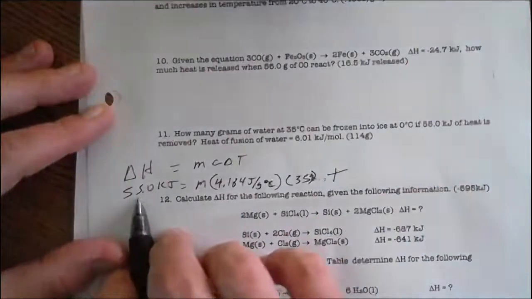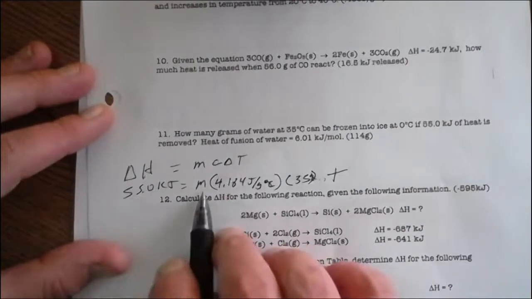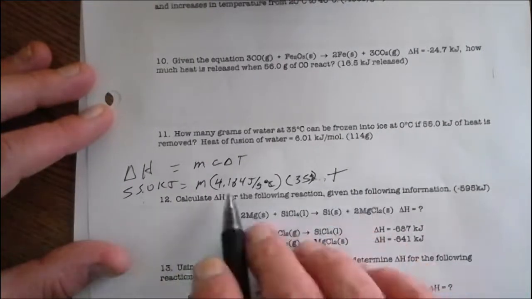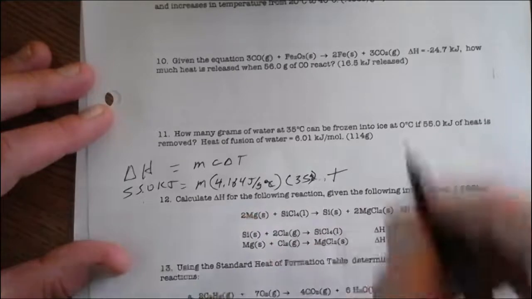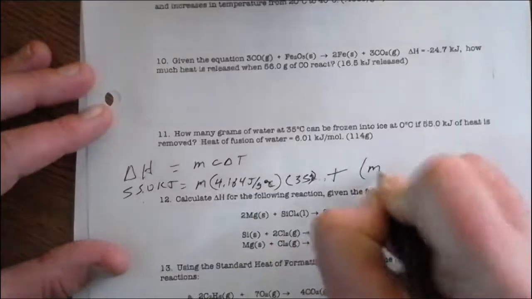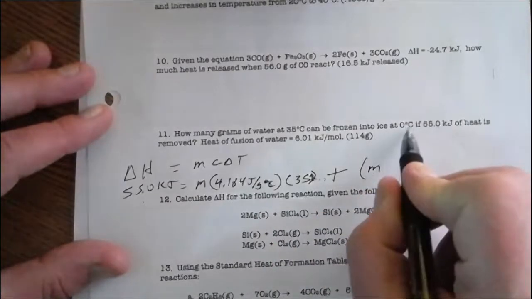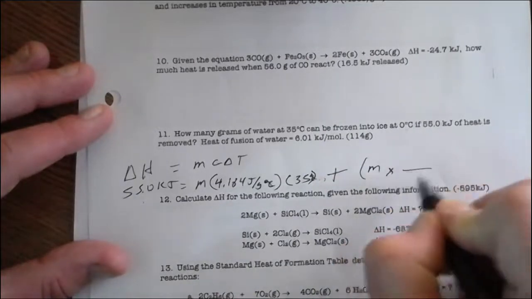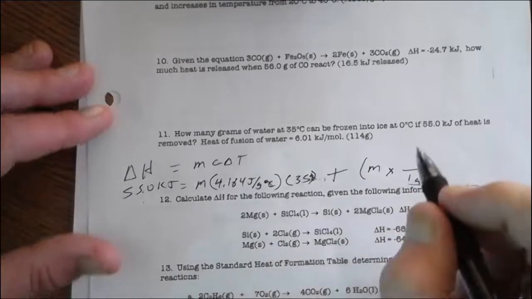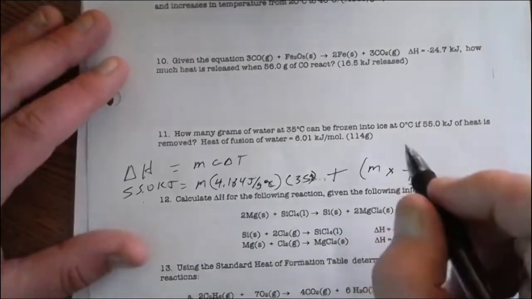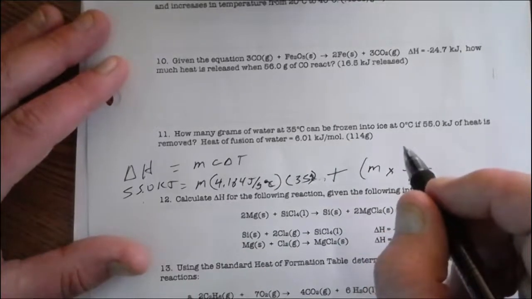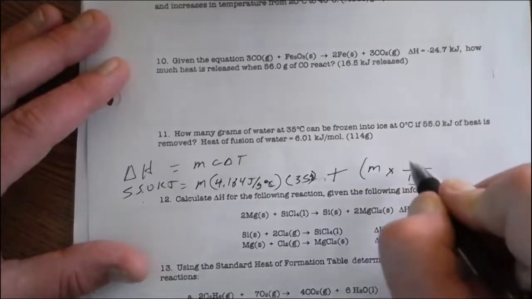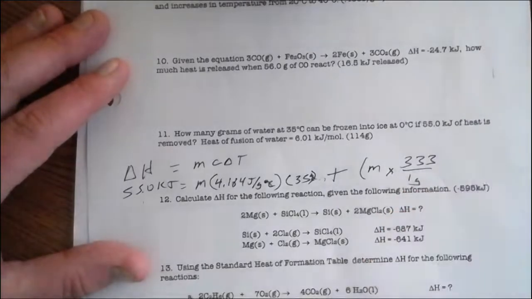The same thing: we have 55 kilojoules of energy. We want to figure out how much mass it will freeze. So I have 1 m here. But then remember, the other thing is to take the mass and then freeze it. And every 1 gram takes, what'd you say, 333, Alex? Is it 333? 333 joules, right?